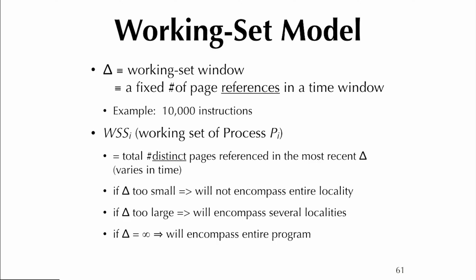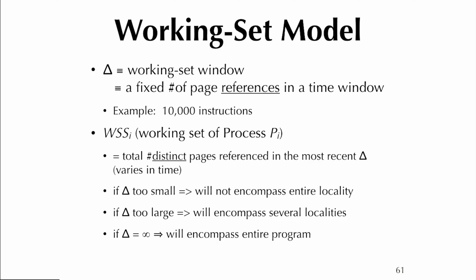Remember, a page reference is like the reference string from last time, so that would be just the page number. You don't care about the specific address as long as it's within the same page, because that's the replacement granularity. The working set of a process P sub i is denoted WSS sub i. That's the total number of distinct page references in the most recent window.